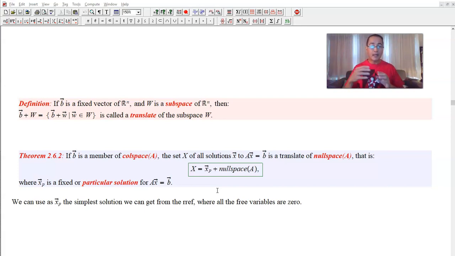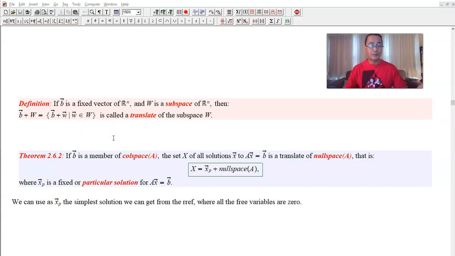So we took a line, let's say in R2, and we translated it, shifted it away from the origin by adding a fixed vector to each of the vectors of that line. So we can think about the solution space to our equation AX equals B also as a translate of the null space. And in general, we can do that to any subspace of Rn.